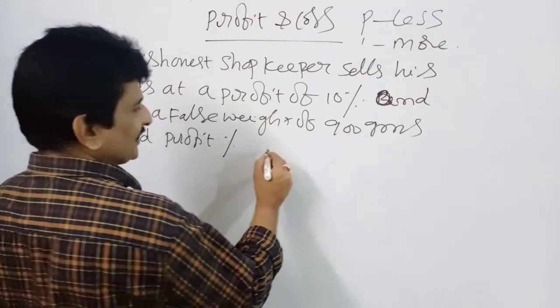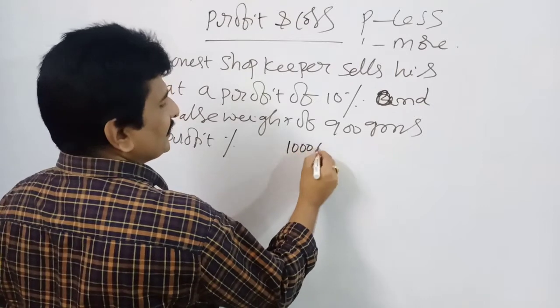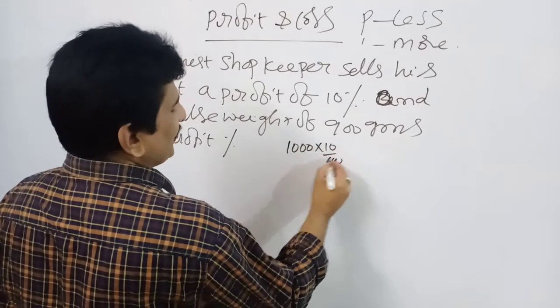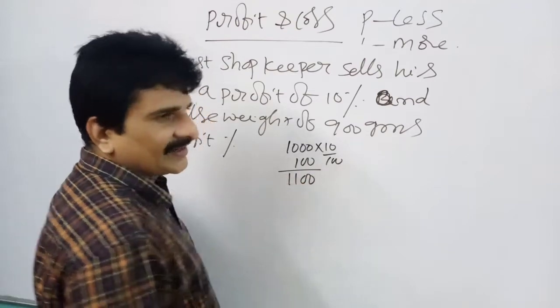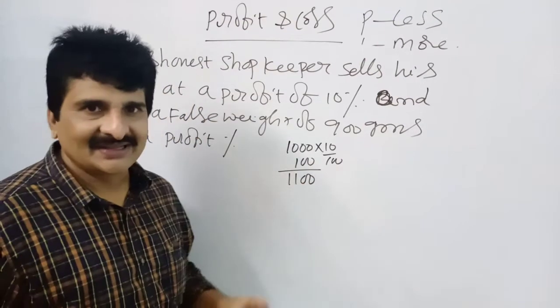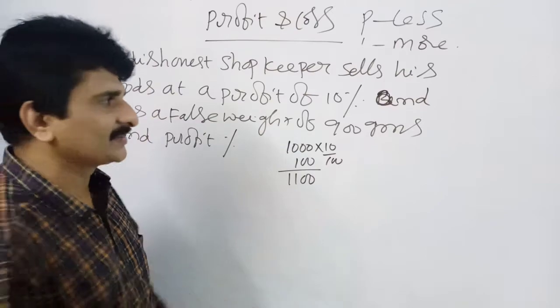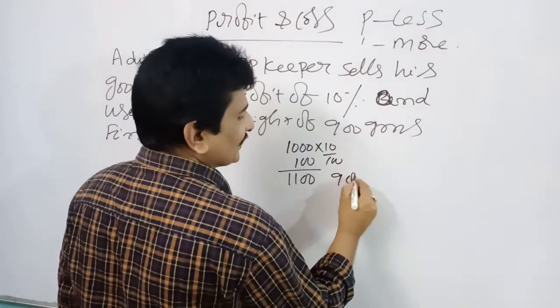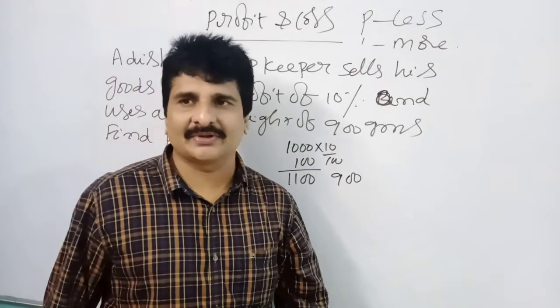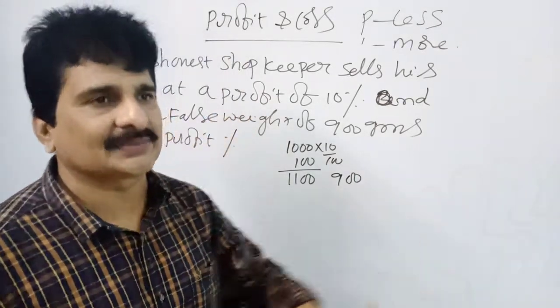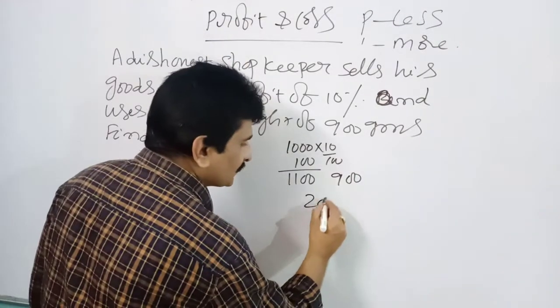In the previous question he sold at the cost price; now he adds 10% profit. For example, per kg means 1000 grams. He adds 10% profit, so he will take the money for 1100 grams, but he is giving weight of only 900 grams. So there will be a profit of 200 grams.